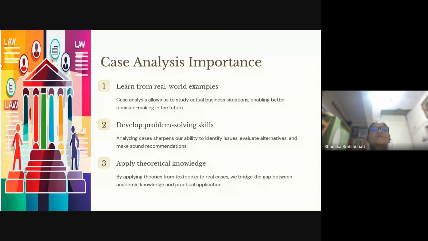First, the importance: you should know what case is being allotted to you. For an example, I am giving A.K. Gupta versus Union of India. You should know that A.K. Gupta versus Union of India is the case title.